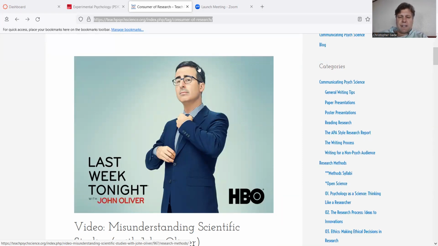John Oliver is a comedian slash talk show host slash kind of guru of a lot of different topics, who I'm sure you're more familiar with based on his jokes over the years and his ties to science. But in this week's module, what we're going to be really stressing is the importance of dissecting the information we accumulate for our research in a very scientific manner.